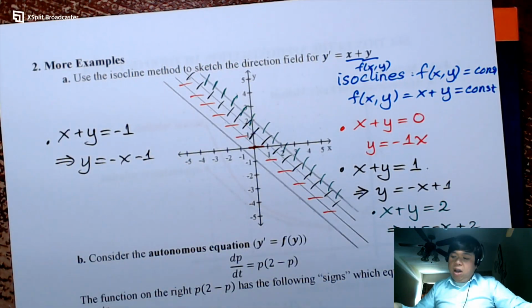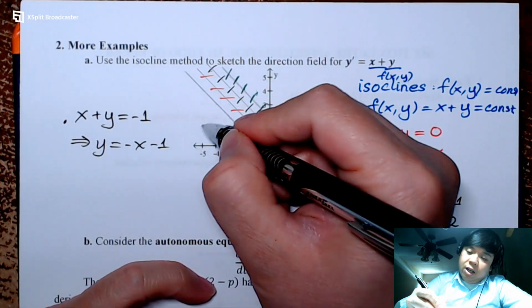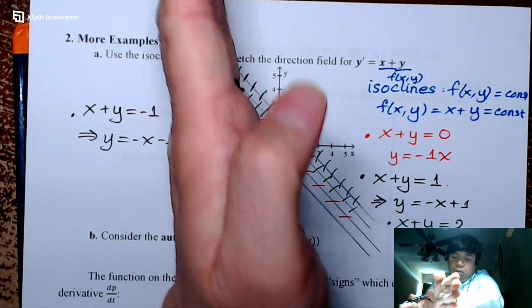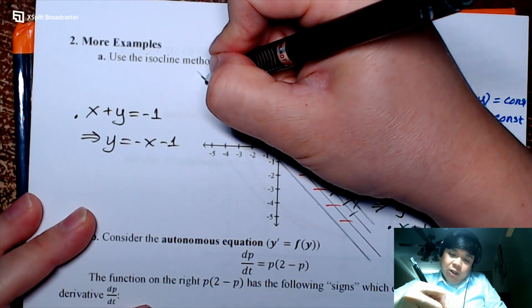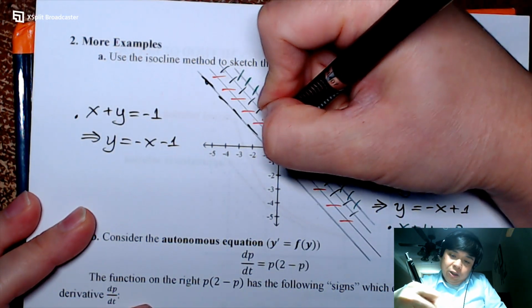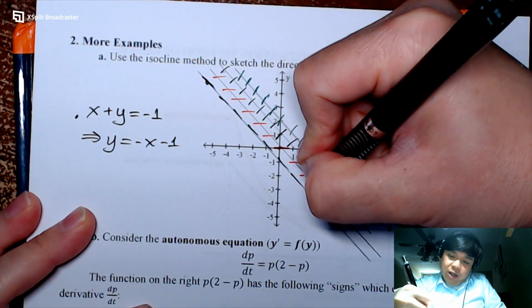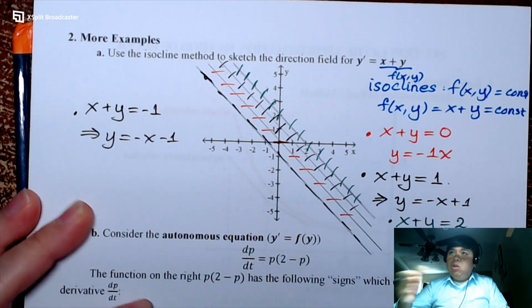And all of this will have the slope of negative 1. Positive 1 that way, negative 1 this way. So the points there have the slope of negative 1. So that is the isoline.